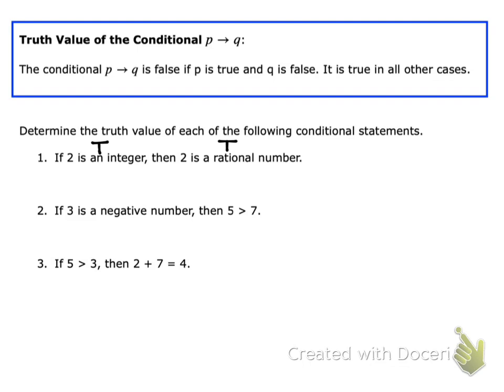So it includes like fractions and repeating decimals and terminating decimals, decimals that stop. So that's like our rational. P is true. Q is true. That's like one of those other cases we say true.